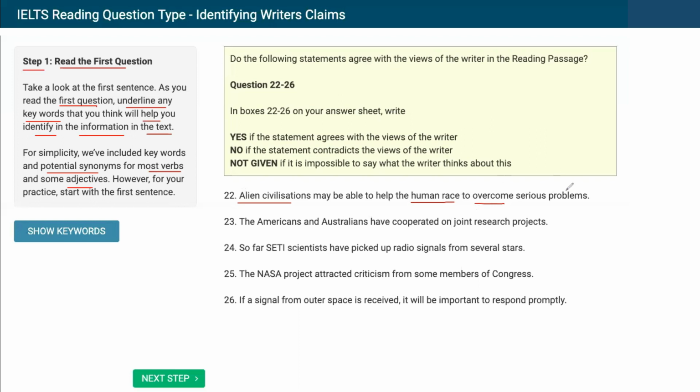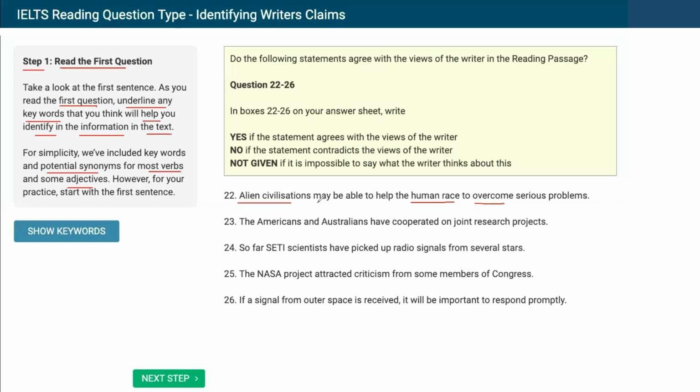Then we'll have to skim for serious problems, may be able to help. That's something that we'll have to understand when we skim for the general idea. For now, we're just looking at these keywords. And I'm already going to think of another way that this can be said because, if you remember, this information is not going to be explicitly stated in the text. It's going to be stated in a different way.